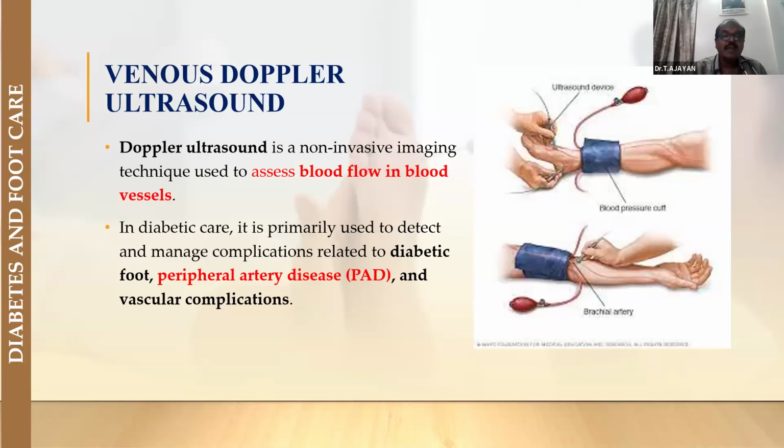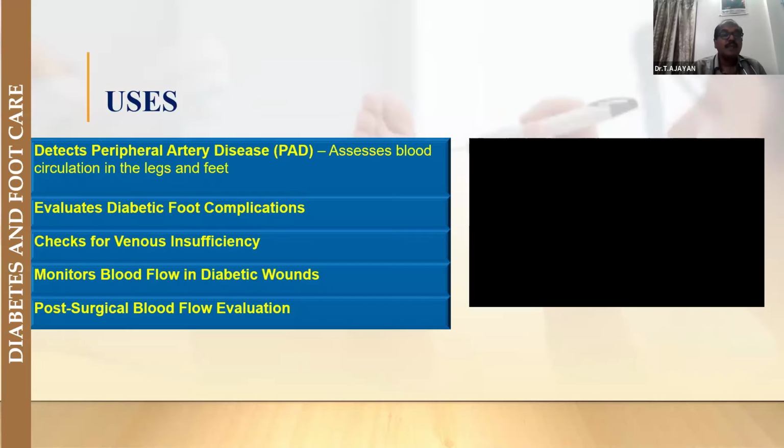In diabetic care, it is primarily used to detect and manage complications related to diabetic foot and peripheral artery disease. The uses: detect peripheral artery disease, assess blood circulation of the legs and feet, evaluate diabetic foot complications, check for venous insufficiency, monitor blood flow in diabetic wounds, and post-surgical blood flow evaluation.